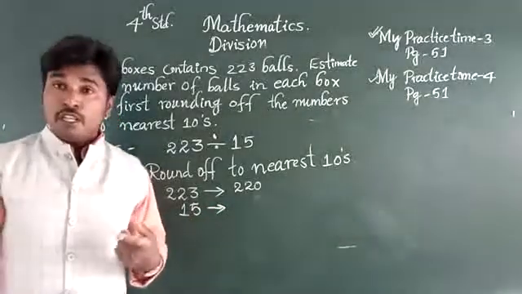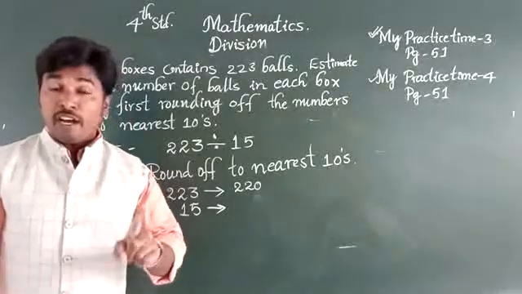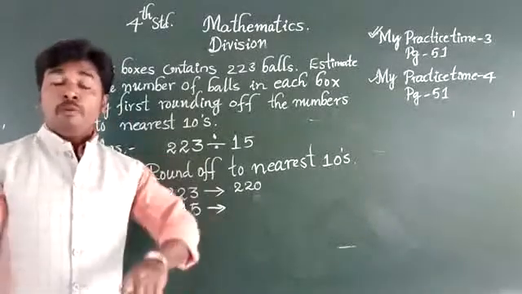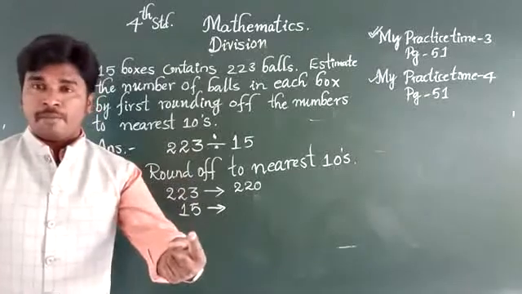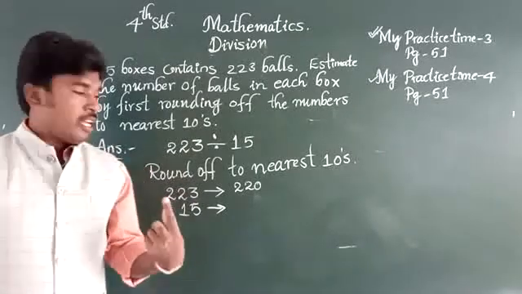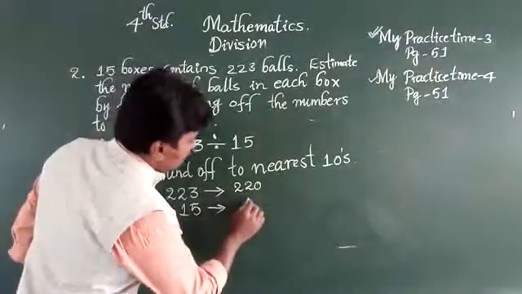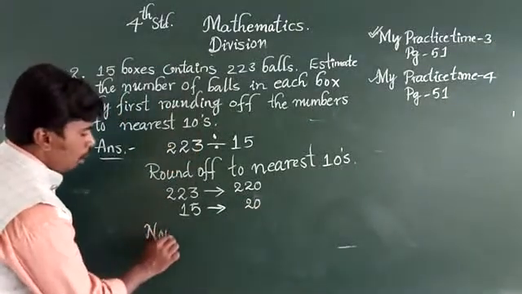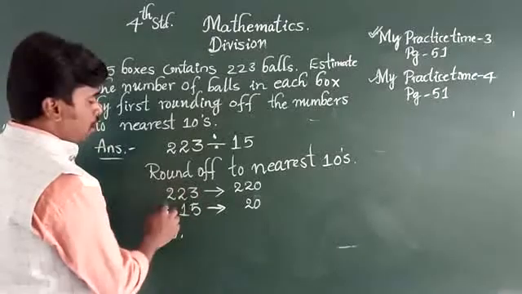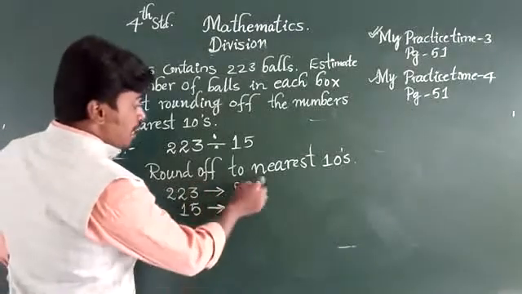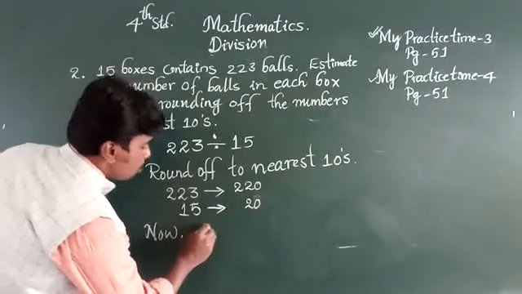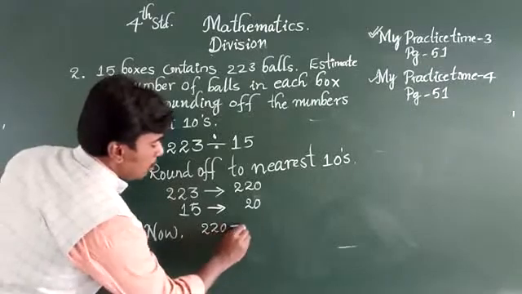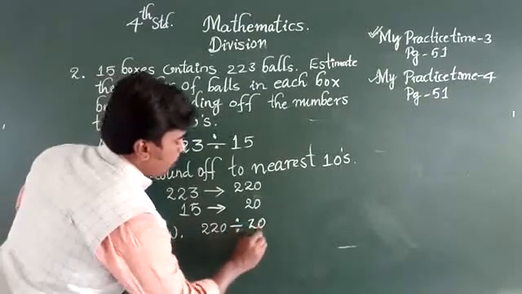If the last digit is equal to 5 or more than 5, you proceed to the next 10. What is the next 10? It is 20. Now don't take these numbers. You take the estimated numbers. That is 220 divided by 20.